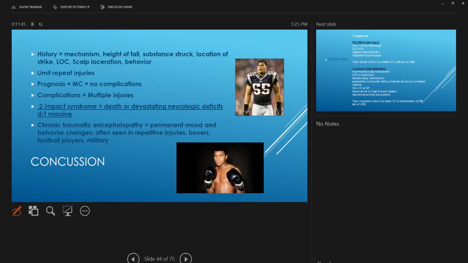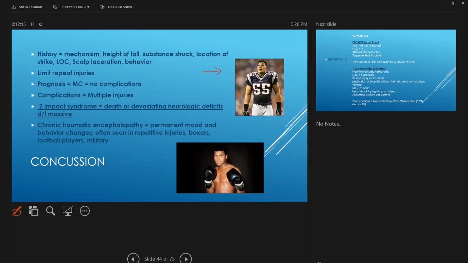Junior Seau ended up committing suicide, and they think that a lot of that was from repeat concussions. Muhammad Ali ended up with Parkinson's syndrome, and there's some thought that that may have been linked to recurrent concussion. They can have permanent mood and behavior changes and repetitive injuries in these individuals.